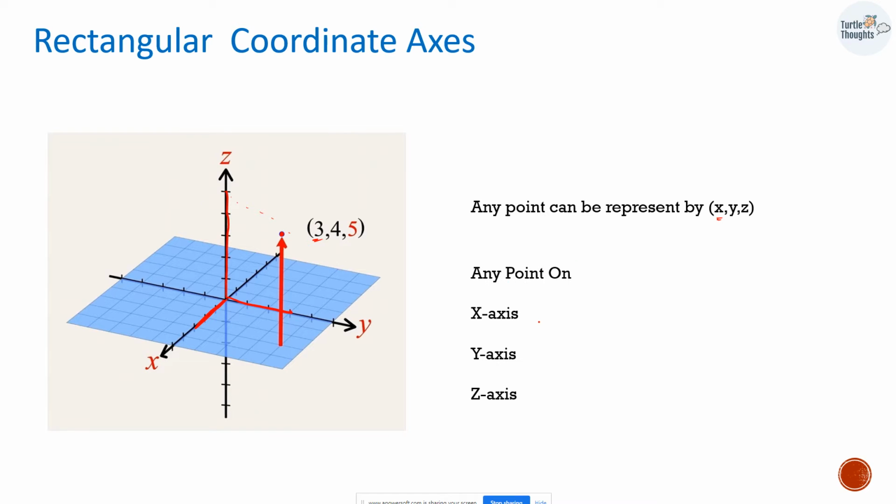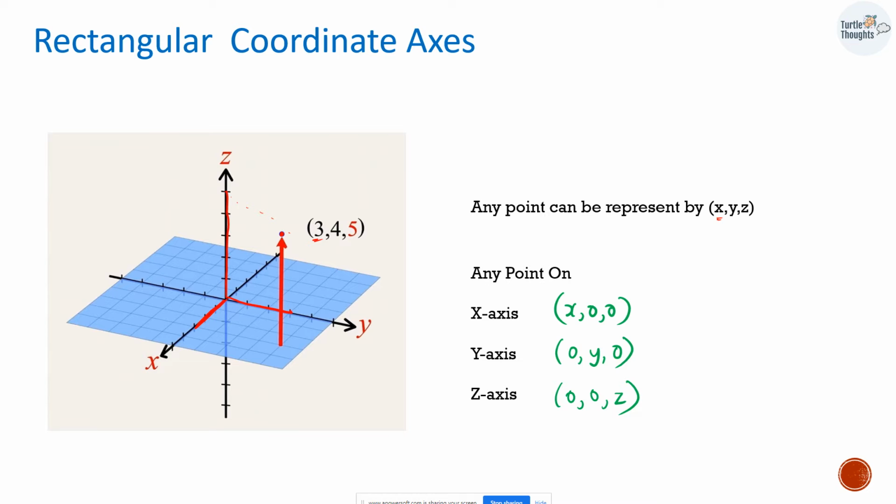Now any point on the x-axis can be written as x comma 0 comma 0, right? Any point on the y-axis can be written as 0 comma y comma 0. Similarly, any point on the z-axis can be written as 0 comma 0 comma z.